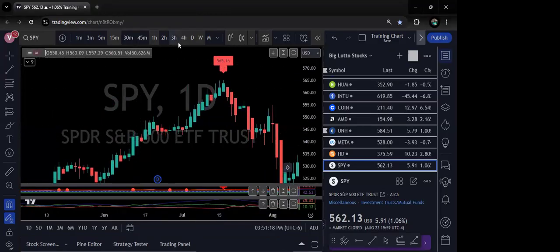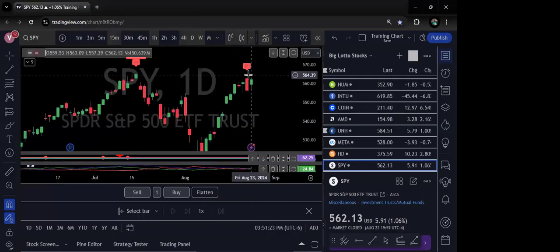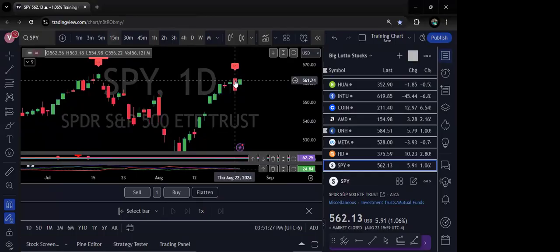It breaks above the previous day high and breaks below the previous day low. That's a bearish engulfing, okay?